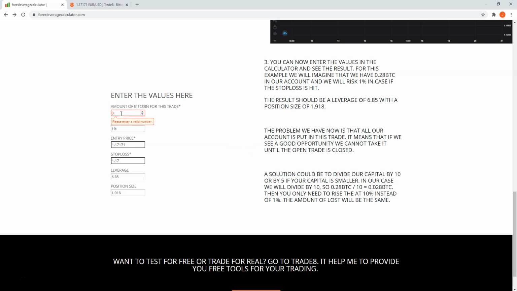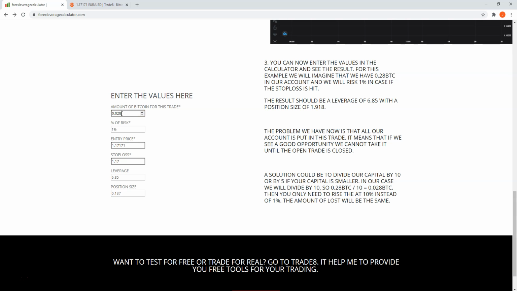Sorry. You go here, and instead of 1% risk, we will take 10% risk like that. It will be the same thing, same results. Simple as that. We divide our capital by 10 and we take 10% risk instead of 1%.